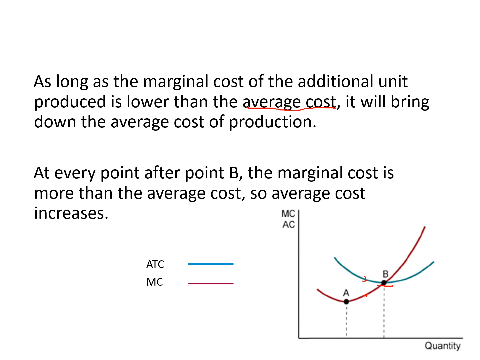So at this point here, this value is below this value, so we would expect the new average total cost to be lower because we're adding in a smaller number than the current average. But when they're equal, we would expect the additional unit to have no change on the average.